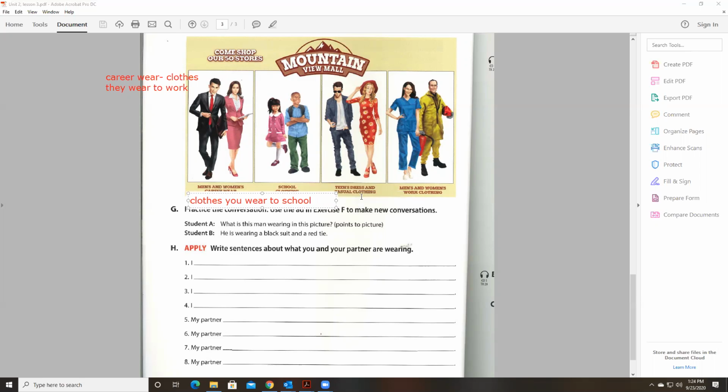Next one is teens dress and casual clothing. This is clothes for teenagers or younger people. Adolescents, you can have adolescents on there too. And again, now you have work clothes. The difference between work and career: essentially, they are the same thing, but this is more hands-on. For example, like your scrubs or your firefighter suit.